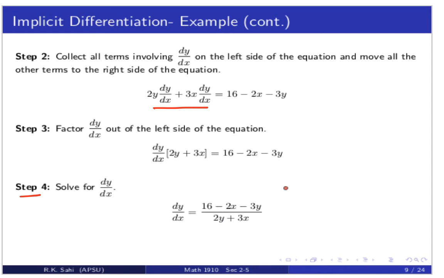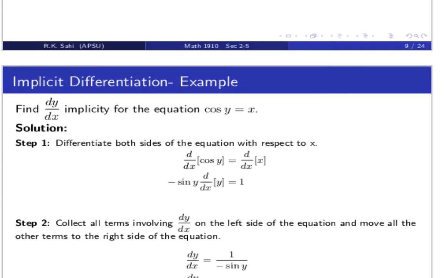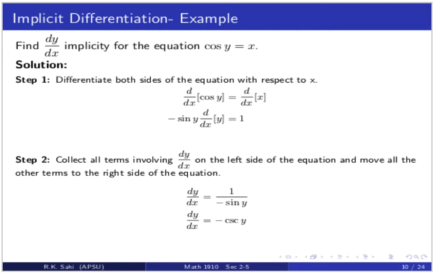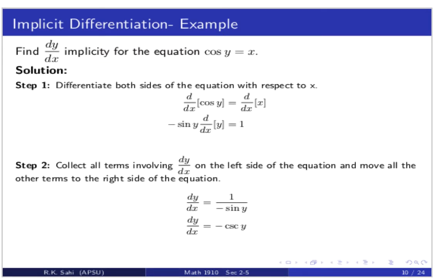Okay, let's go ahead and do another example, and this time we're going to get some trigonometric functions. So here we're going to find dy by dx implicitly for the equation cosine y equals x. The first step, as usual, you're going to differentiate this whole equation. You're going to write d dx of cosine y equals d dx of x.